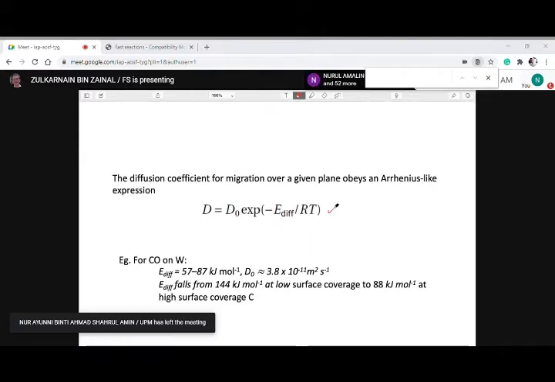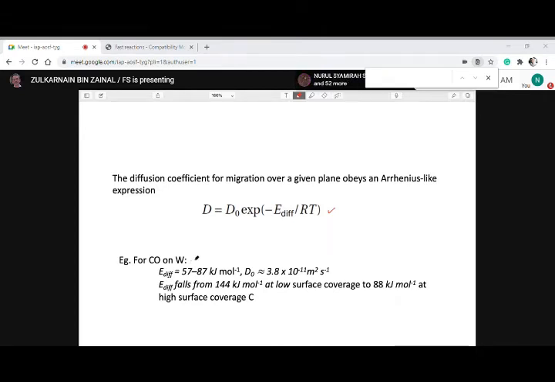You can see here, for carbon monoxide on tungsten, the energy of diffusion is given there, 57 to 87 kJ per mole, right? So it has to have a certain amount of diffusion energy, and then the diffusion coefficient, D naught, is 3.8 times 10 to the minus 11 meter square per second.